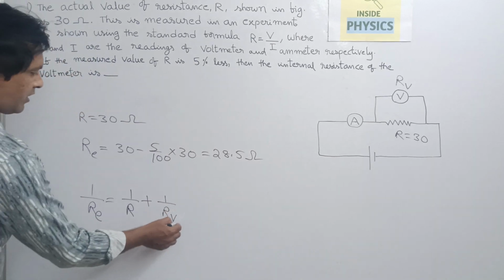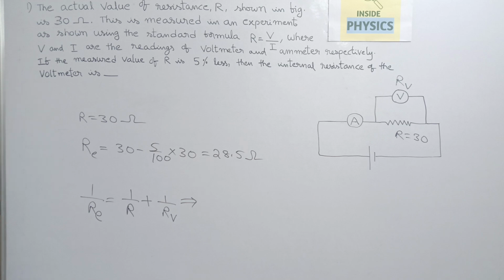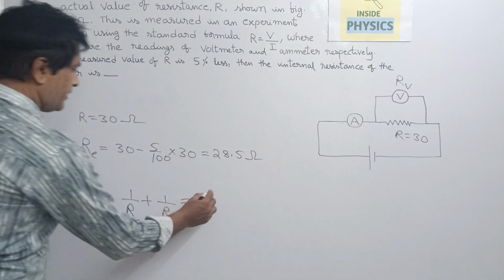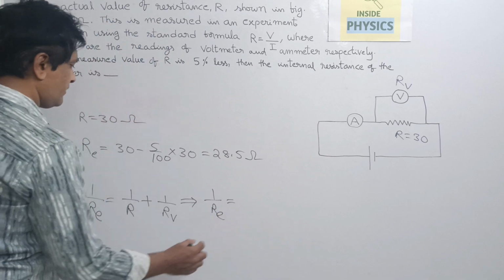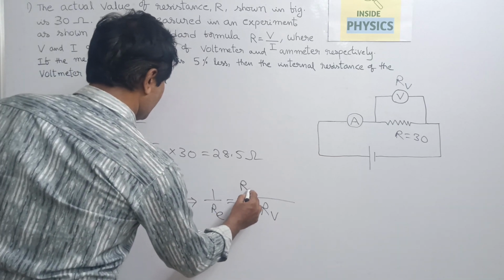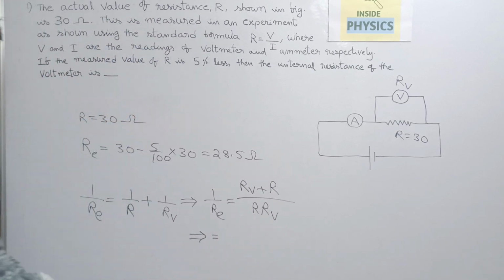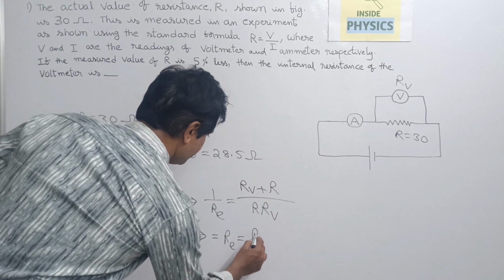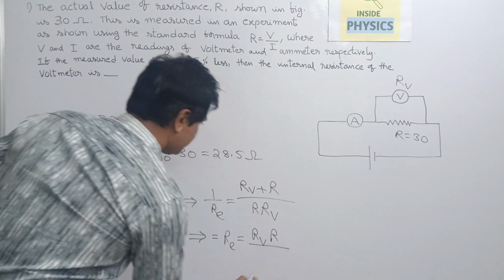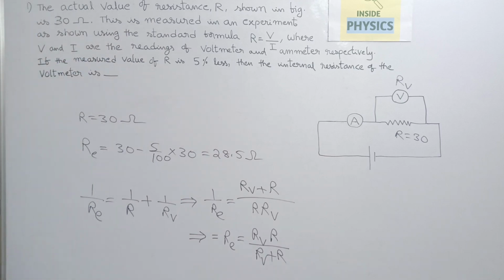Okay, now we need to find RV here. Applying this formula, what do we get? 1 by RE is equal to R into RV, this comes to be RV plus R. So this implies RE is equal to RV into R by RV plus R. So in those values we can substitute and find out RV.